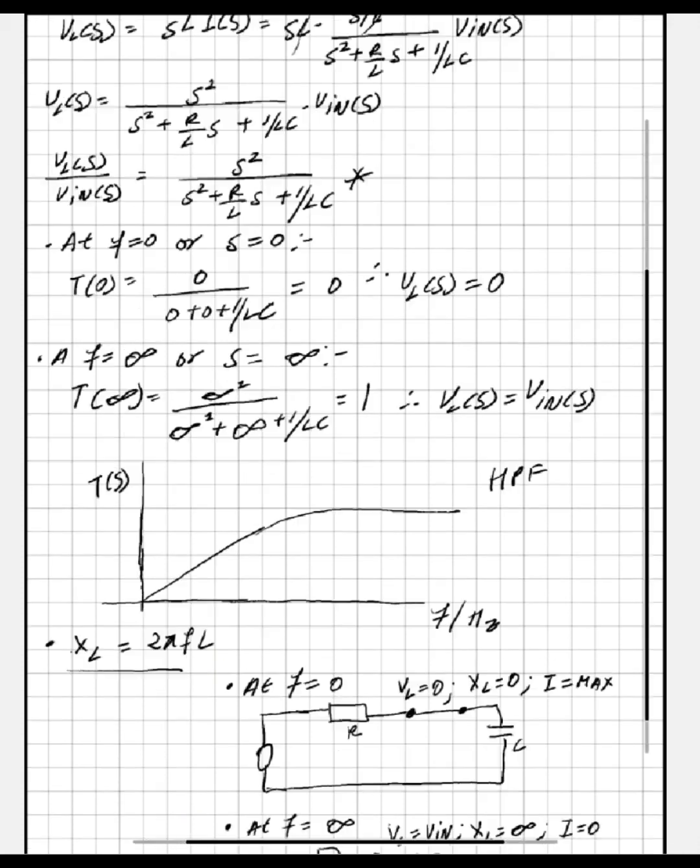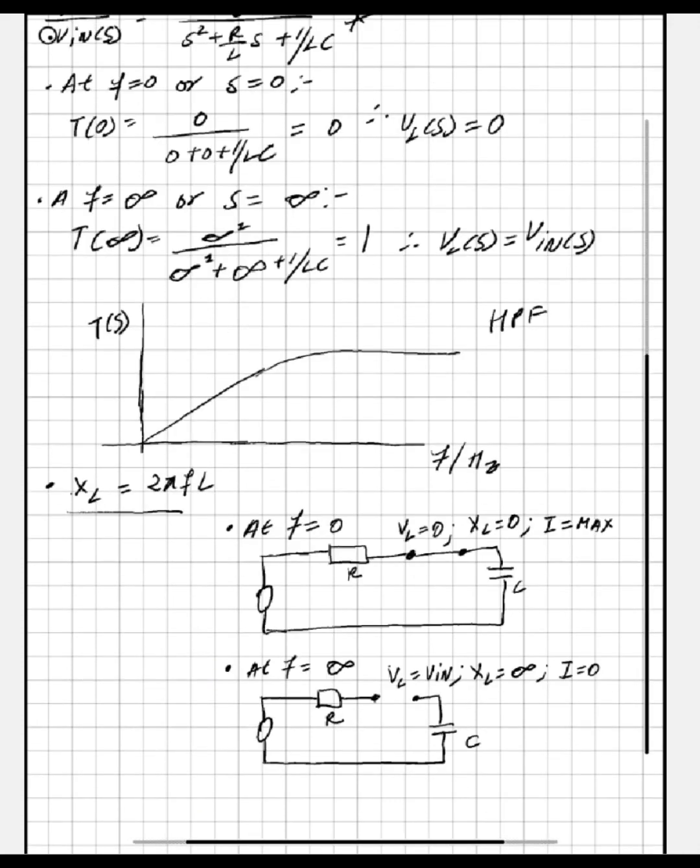If you look at the inductive reactance, that's given by 2 pi fL. When f is 0, the reactance is 0. So frequency and reactance in this case are proportional to each other. The current flowing through it will be max, so this will act as a wire.